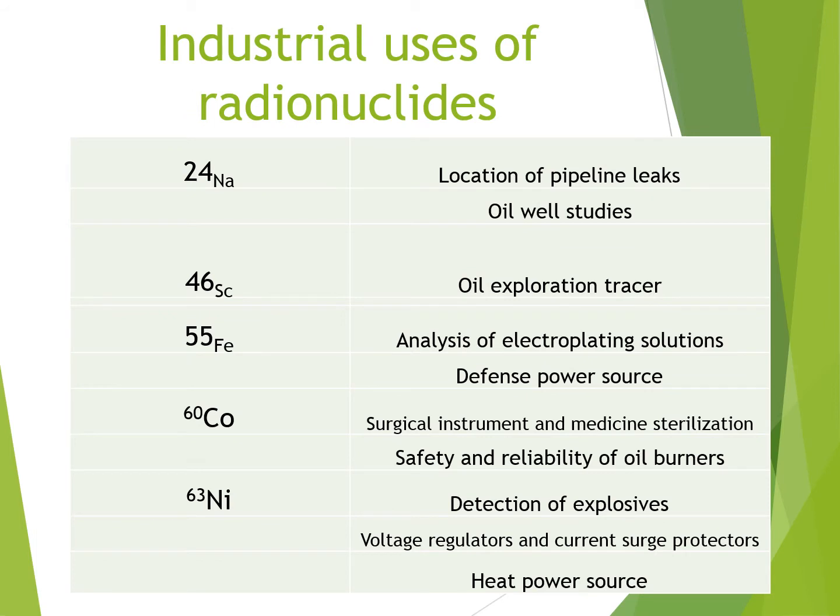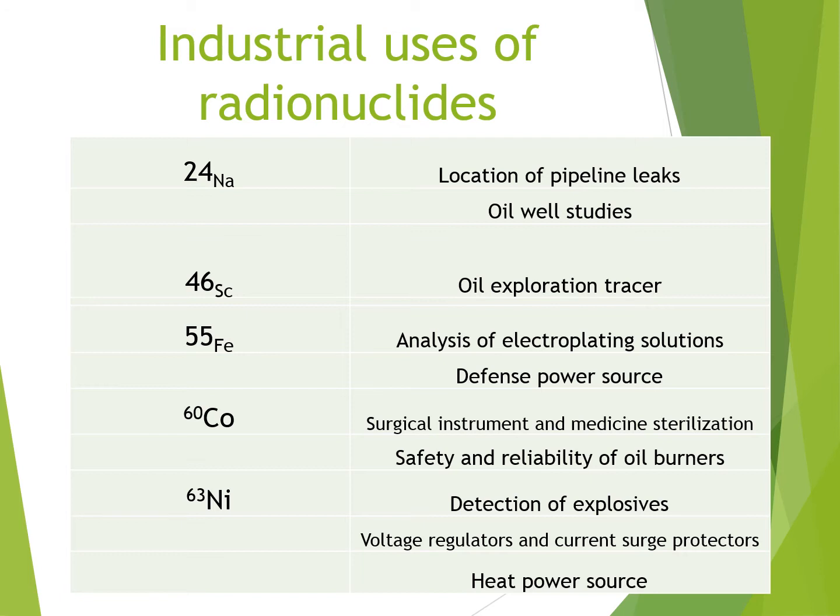Then there is the sodium radiotracer, Na-24. It can be used in the location of pipeline leaks, and it is also used in oil well studies. Then we have scandium-46, and it is mainly used as an oil exploration tracer.